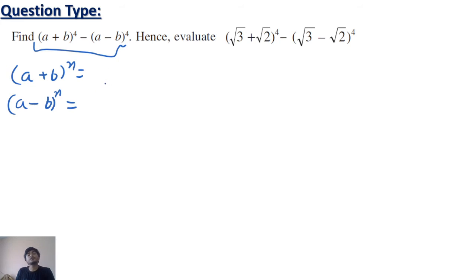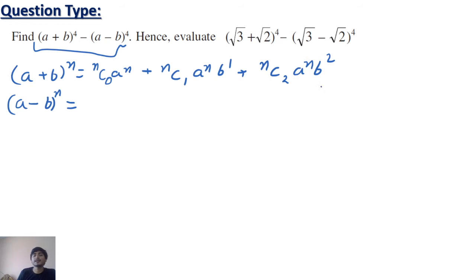Okay, if you see these terms, as we know, t1 will be nC0 a to the power n, then plus nC1 a to the power n-1 into b to the power 1, plus nC2 a to the power n-2 into b to the power 2, right? Like that.